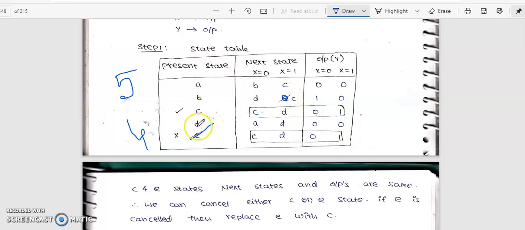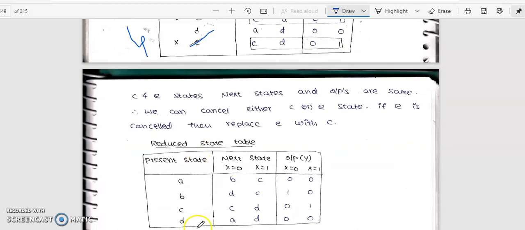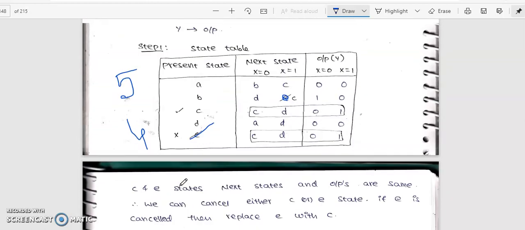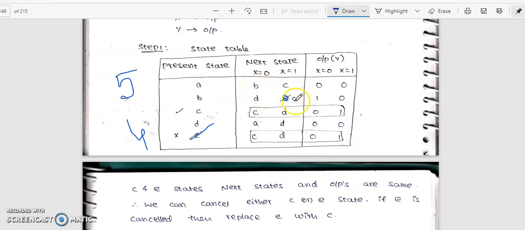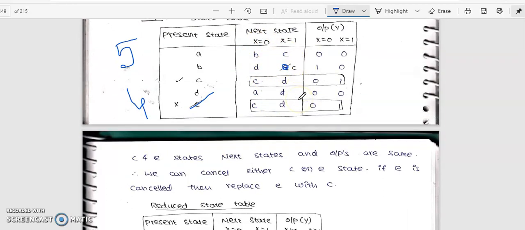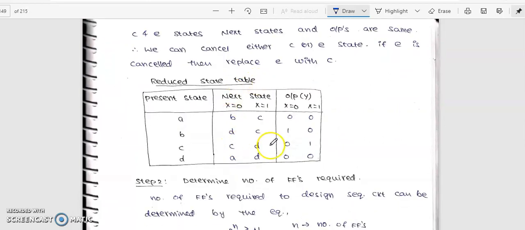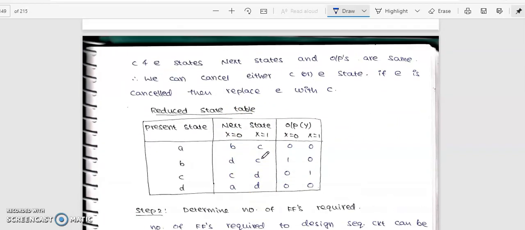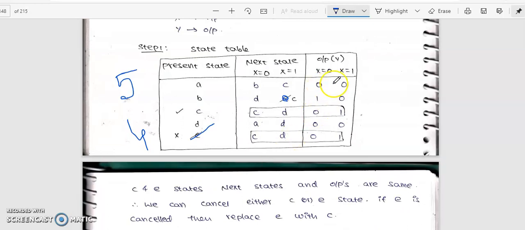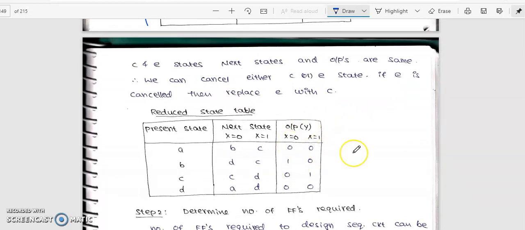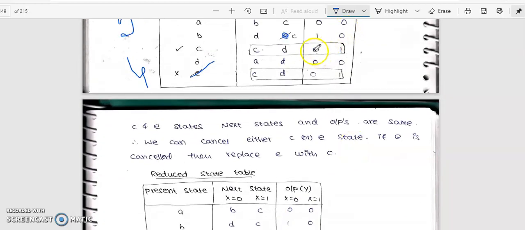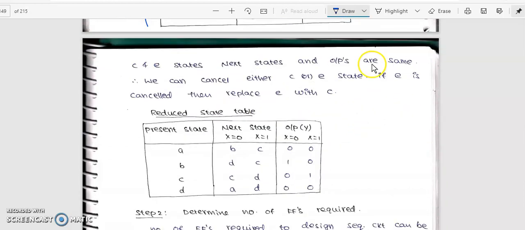Okay, that is what they are doing. So the reduced state table has only 4 states: A, B, C, D. Here E is replaced by C. So the next states are B, C, D, C, B, C, D, C, and then C, D, A, D. And similarly the outputs are not going to change: 0 0 1 0, 0 0 1 0, 0 1 0 0.